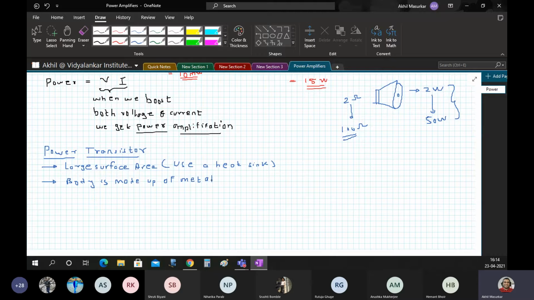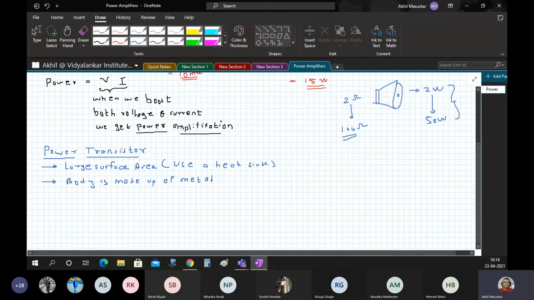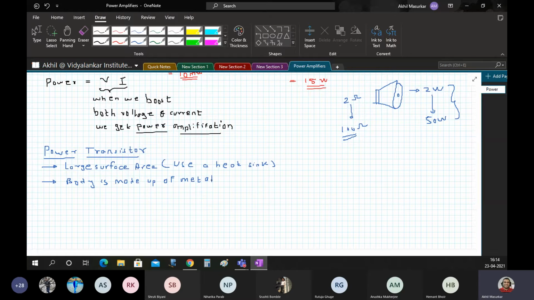So how does heat travel? Can anybody tell me how heat travels from one place to another? It's a very basic question, somewhere from your school or junior college physics.